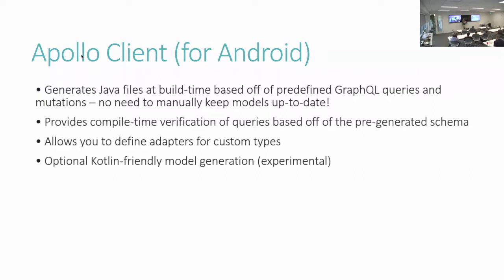Because beforehand it generated actual methods in the pre-generated Java files, and you'd have to reference them from your Kotlin code, but now you can just operate directly on the Kotlin fields, and it feels a lot more idiomatic that way. That's an experimental feature. I do have it enabled on my demo app that I'll show you. I think it's pretty great, but keep in mind, it is experimental for now. This is still quite a new thing.